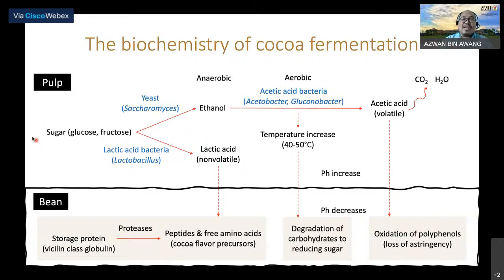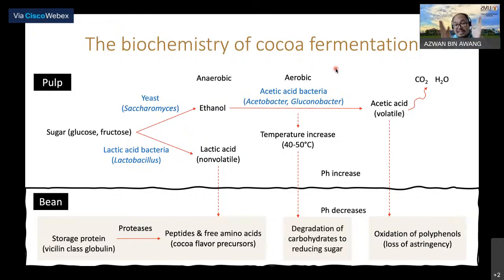The pulp has sugars, and then microbes use the sugars to produce ethanol and lactic acid. What are the microbes? They are yeast and lactic acid bacteria. This ethanol produced by yeast later on will be used by acetic acid bacteria to produce acetic acid, and also will convert that into carbon dioxide and water. During fermentation, under the fermentation box, the fermentation juice will come out.